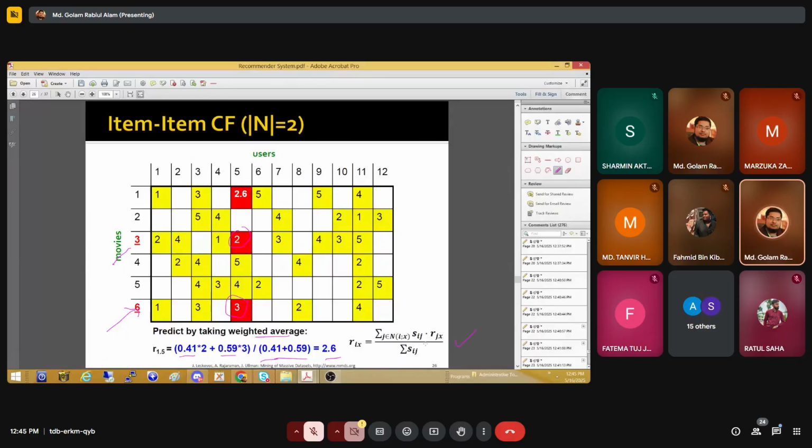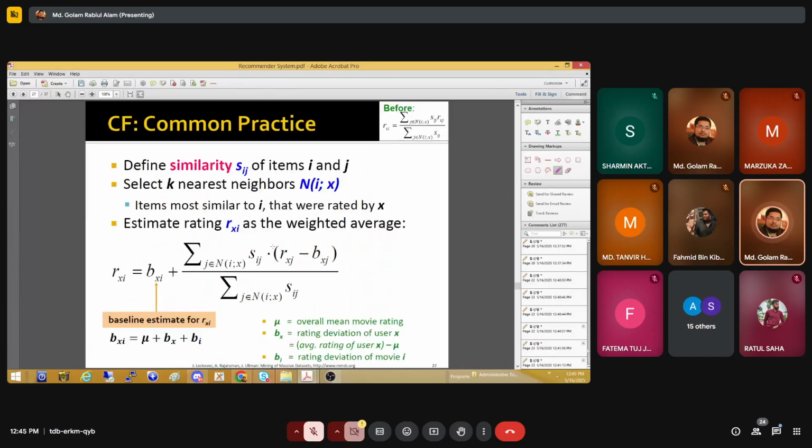So the rating will be 2.6 in this case. This is the predicted rating. This is called item to item similarity.